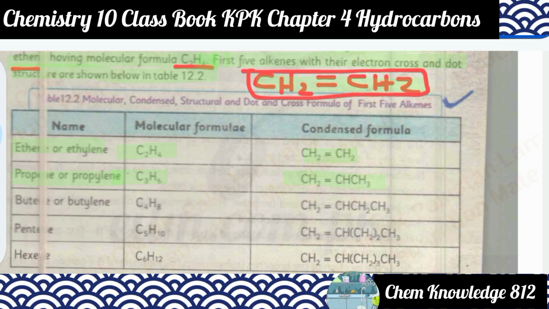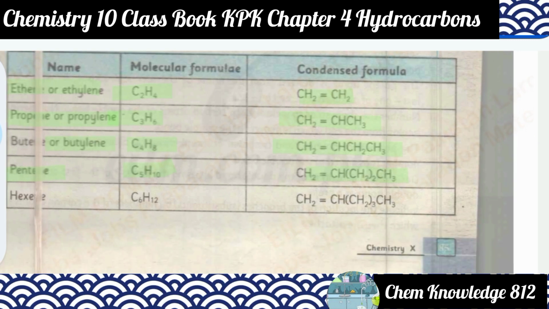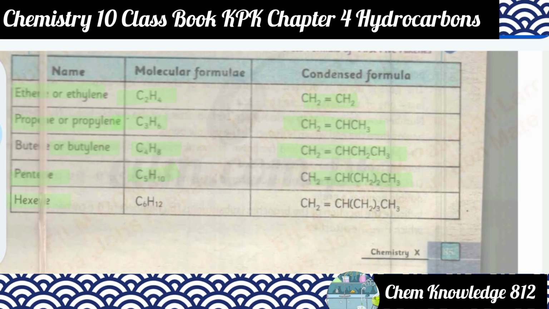The third one is butene or butylene having molecular formula C4H8 or condensed formula CH2=CH-CH2-CH3. And this is pentene, formula C5H10, and condensed formula CH2=CH(CH2)2CH3. This is hexene, formula C6H12, or the condensed formula CH2=CH(CH2)3CH3.